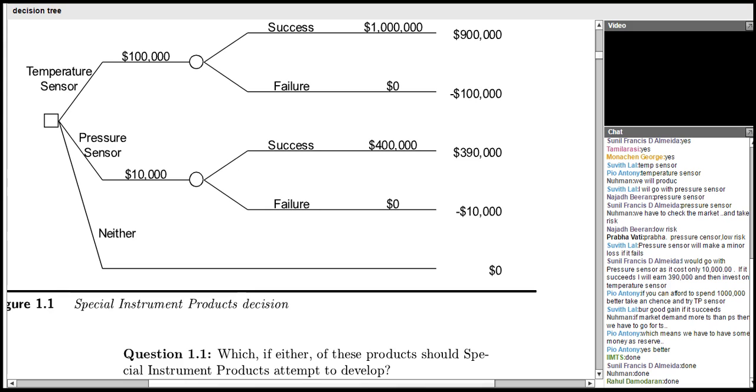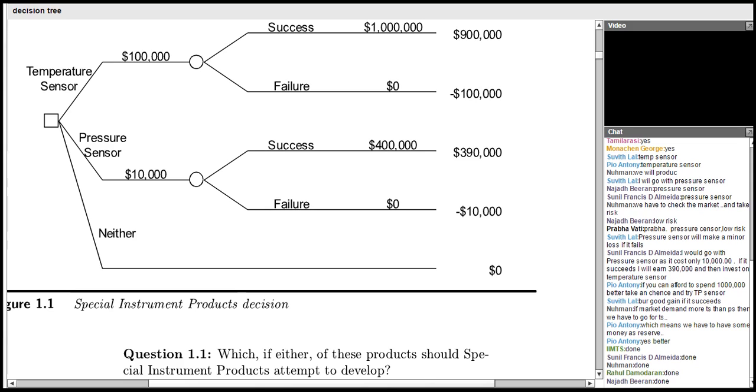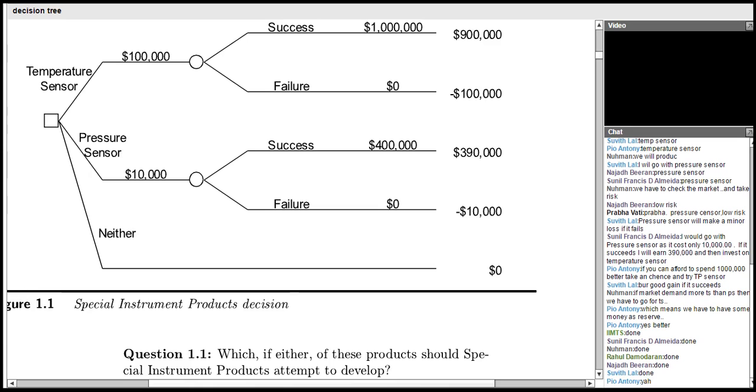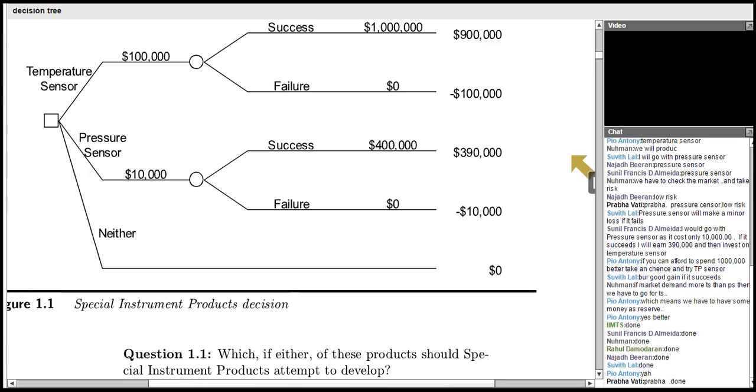Still taking it down? Okay, another done. Okay, done. Okay, so I think we can move on now. Are there some people still drawing it?